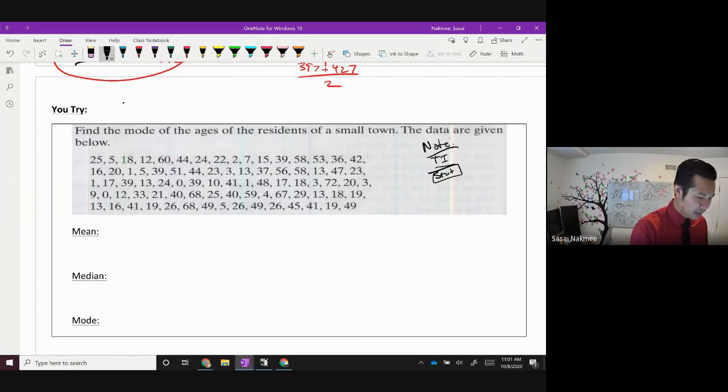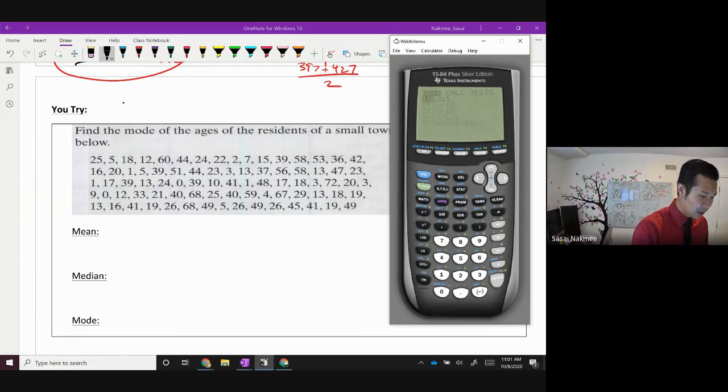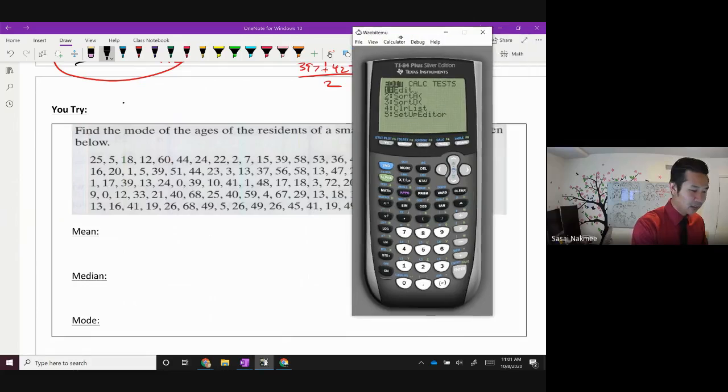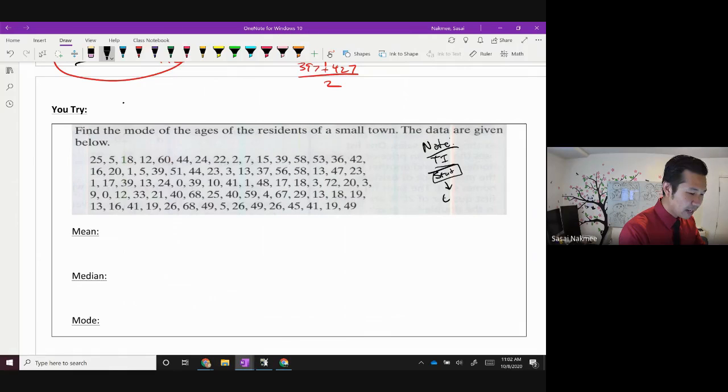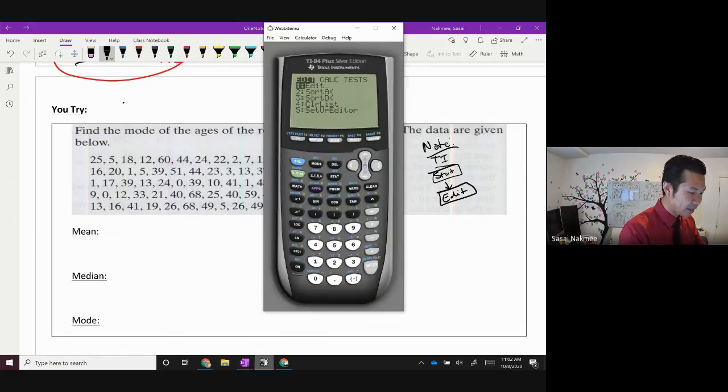Press the stat button, and it'll take you to this screen where it looks like there's an edit, a calc, and a test. I'm going to go into the first option, which is edit. Stat and then edit.